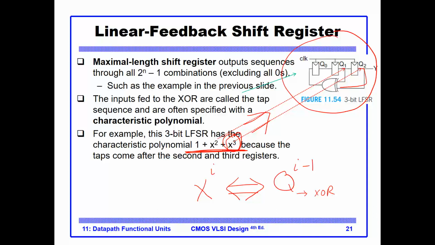Then x squared maps to q1, its output goes as an input to the exclusive OR. How about q0? Do you see x here? No, I don't. Therefore, the output of q0 does not go to the input of the XOR. So the inputs of the XOR really conform to the formula. What about this one? Well, this one is represented as the output goes as an input to the first flip-flop.